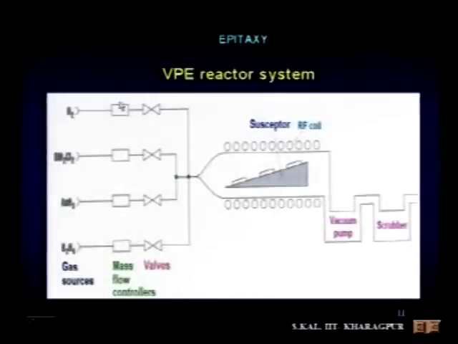Each individual gas path will have a mass flow controller, so that individually you can control the hydrogen flow or the source gas flow or arsine or diborane flow.